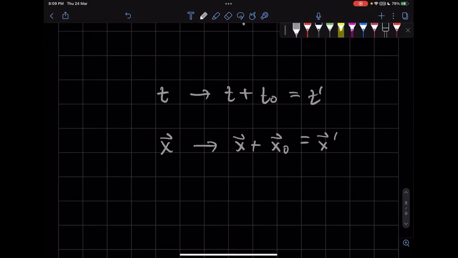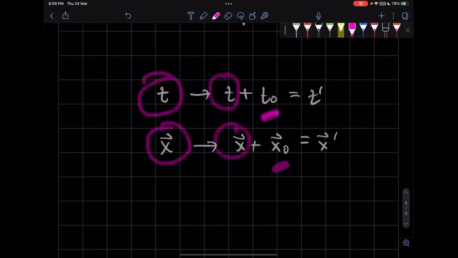So this is the simple thing, right? What are the parameters here? The parameters are this. So we are adding this to all points of the Minkowski space. So we are taking the whole of Minkowski space and translating it, either in the spatial direction or the time direction or in both.